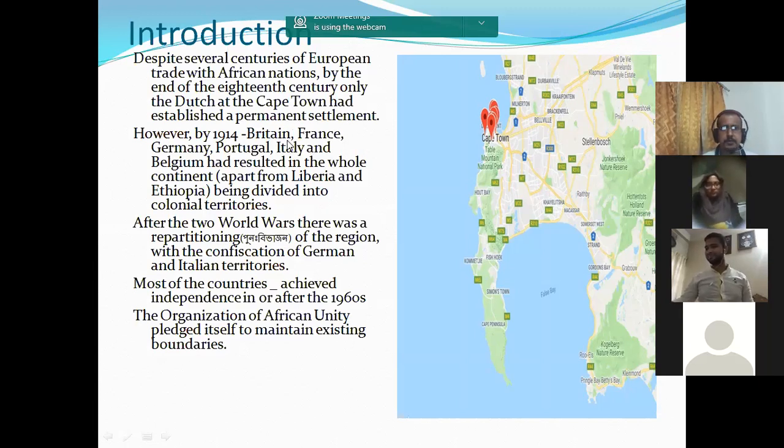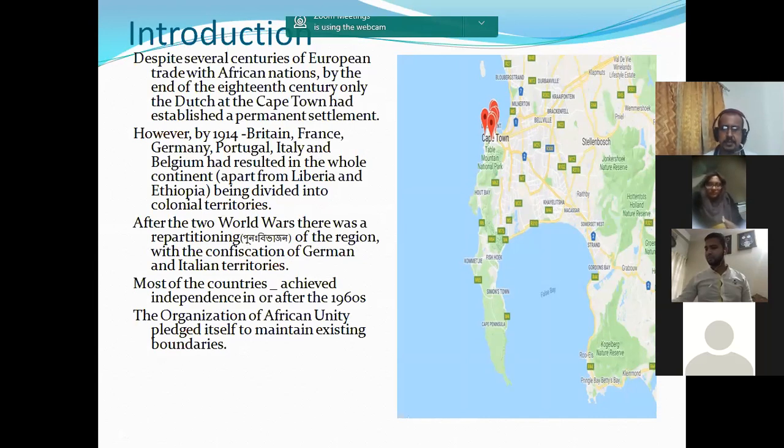And after the two world wars, there was a repartitioning of the region with the confiscation of German and Italian territories.